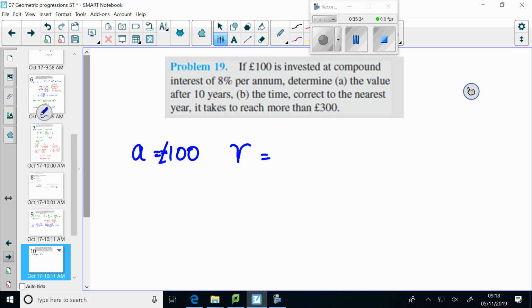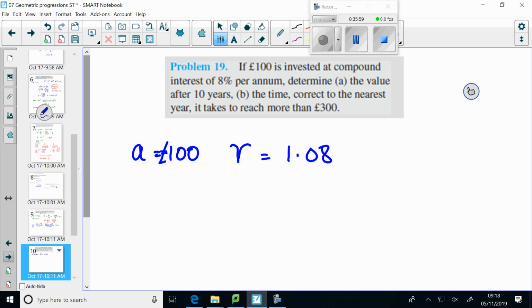Because we'd be doubling every time. So what's the common ratio here, knowing that it must be greater than 1? We want 8%. 1.08, yeah. 8 parts of 100. So 1.08.